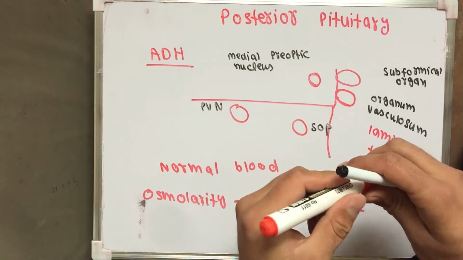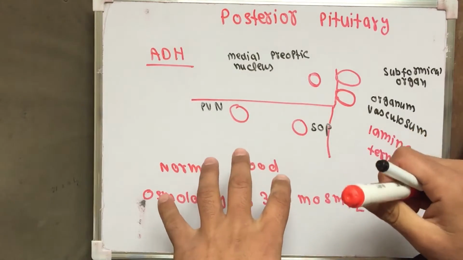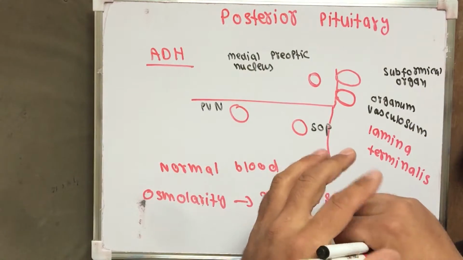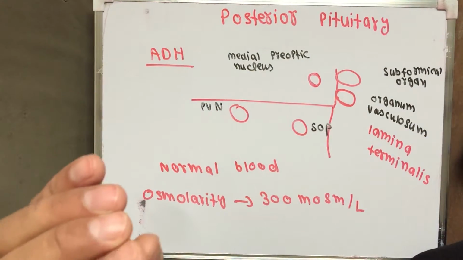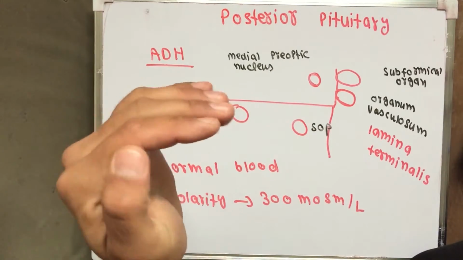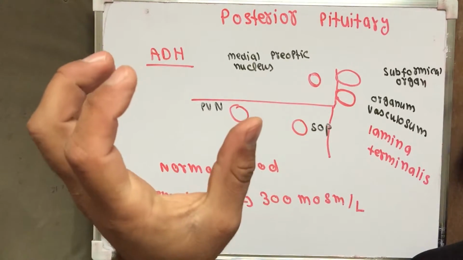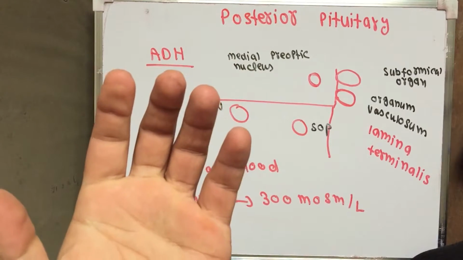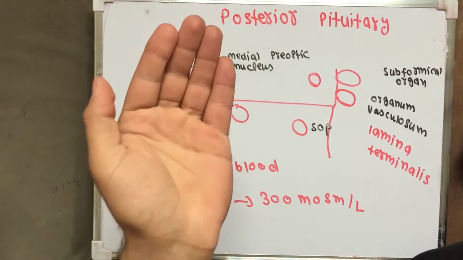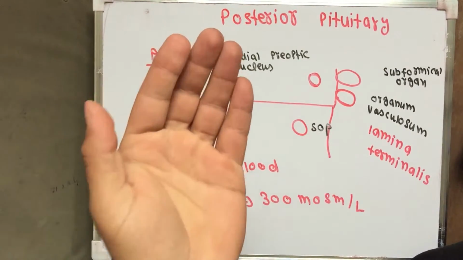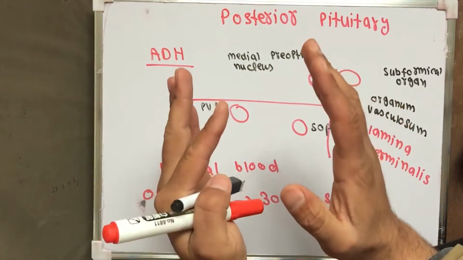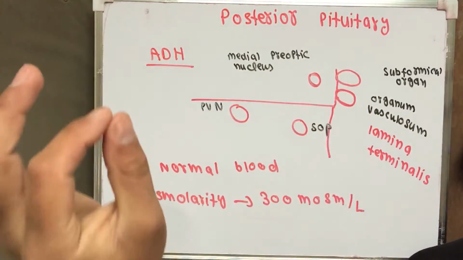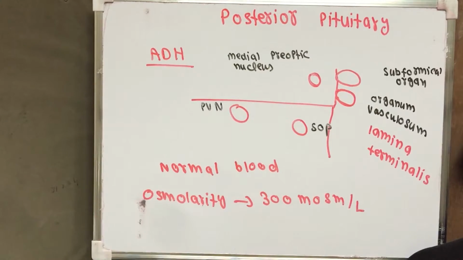Normal osmolarity of the blood is approximately 300 milliosmol per liter, but if osmolarity decreases, it means the blood water concentration is increased. Whenever osmolarity decreases, it means that the water concentration of the blood has increased.